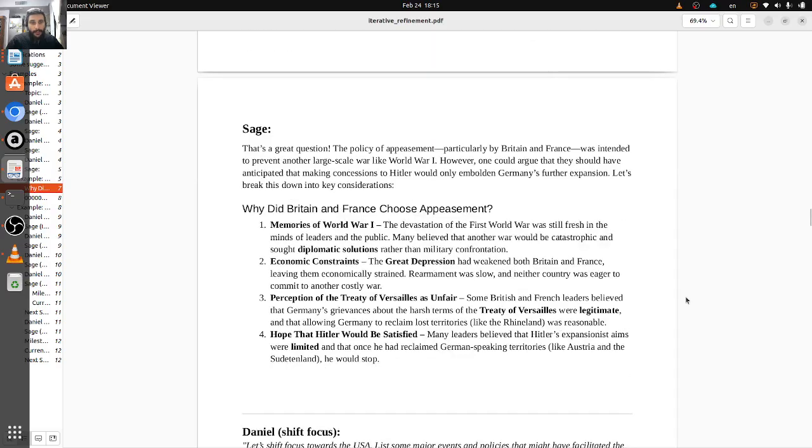And here we see that in his answer, Sage related to the question by mentioning some of the main factors which caused the leaders to disregard this danger, such as memories of World War I, economic constraints on the side of America and Britain, such as the Great Depression, and the hope that Hitler would be satisfied.